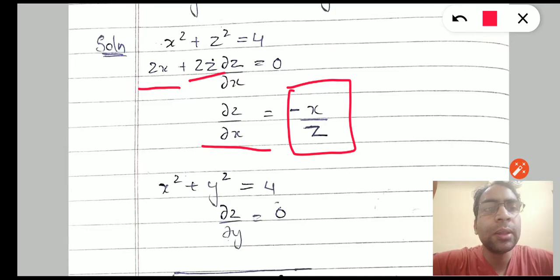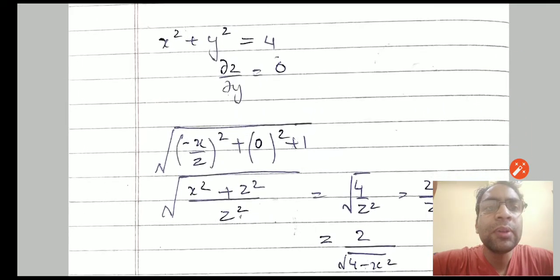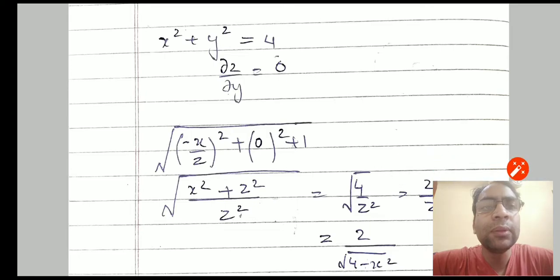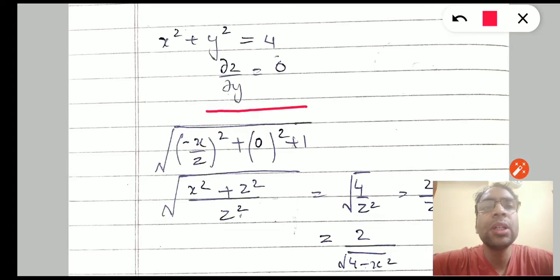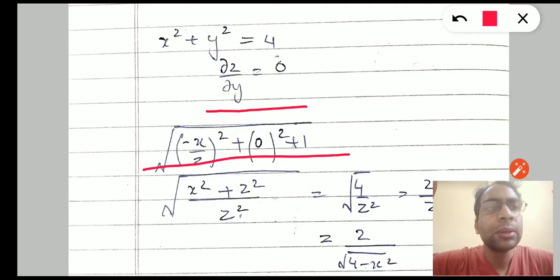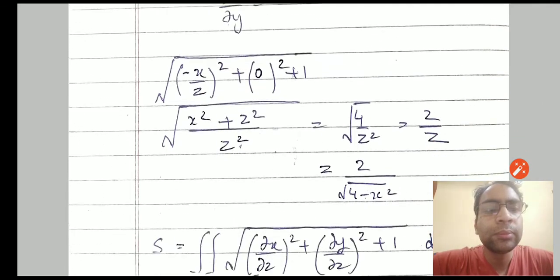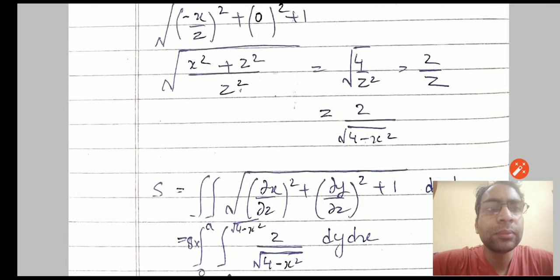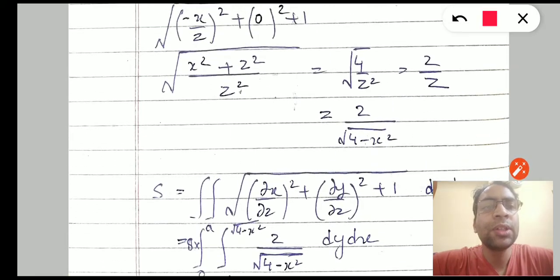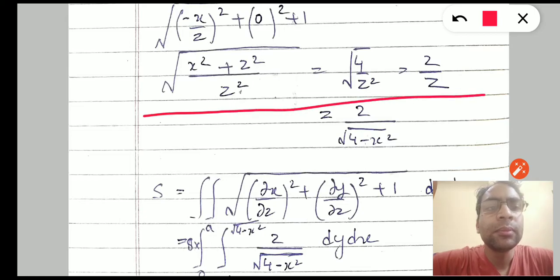Now from the second equation, the value of del z upon del y is equal to 0, because we do not have any z element in the second equation. Substituting these values, we can find the part used in the formula, under root part. So this is 2 upon under root 4 minus x square.